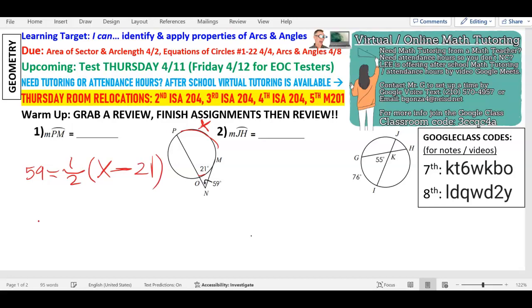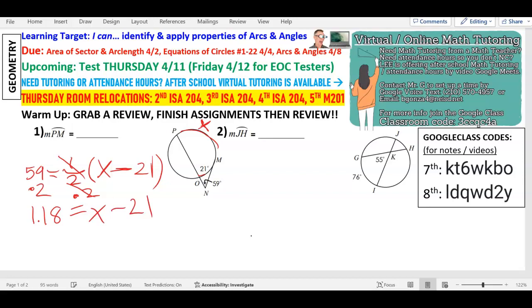Now, we definitely did one or two like this on the notes, but as a reminder, if I'm solving for X, first I need to get rid of a 1/2. 1/2 means dividing by 2. What's the opposite of dividing by 2? Multiplying. So on each side, I'm going to multiply by 2. Does anyone know what 59 times 2 is? 118, okay? 118 equals X minus 21.